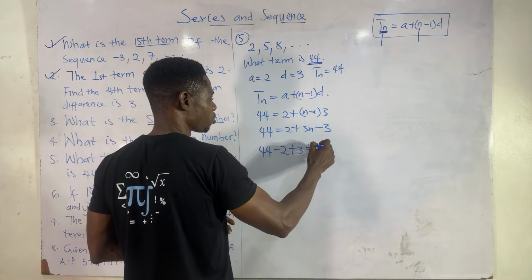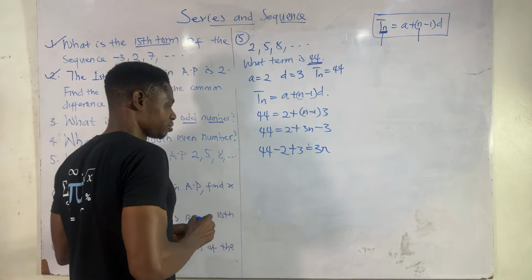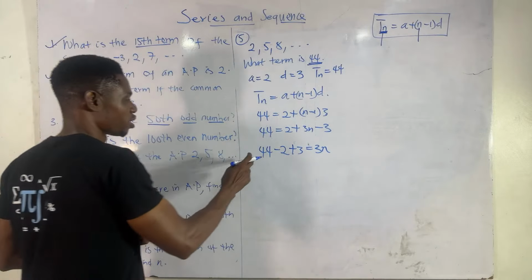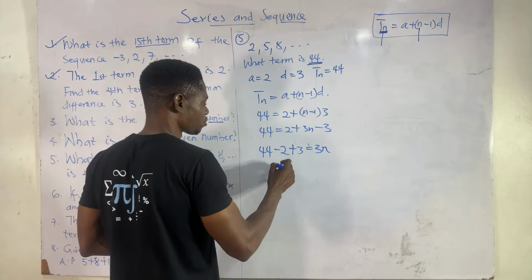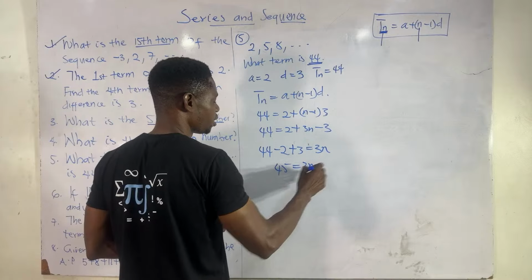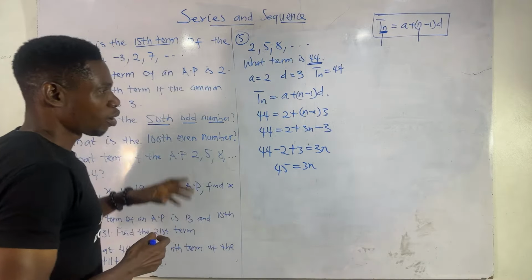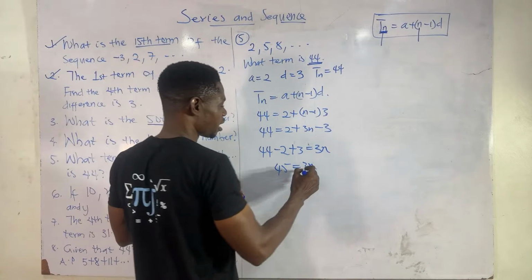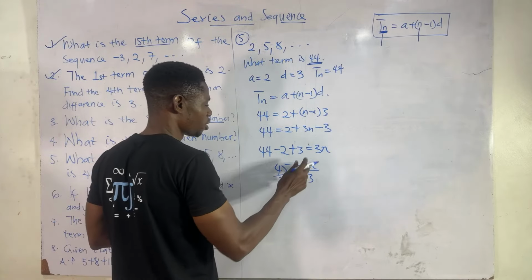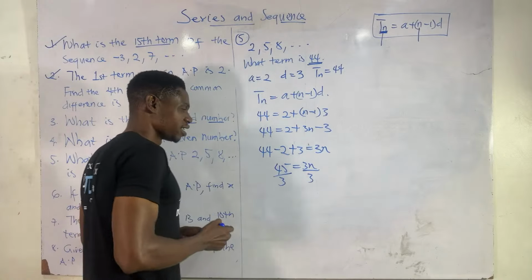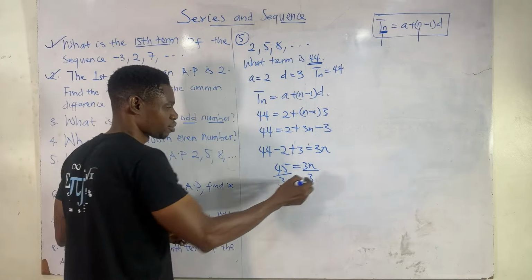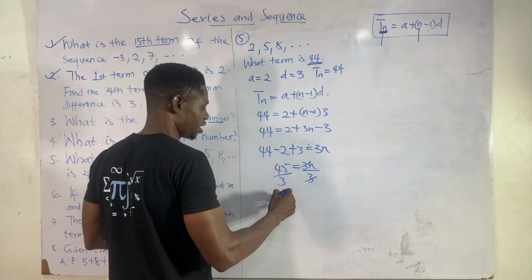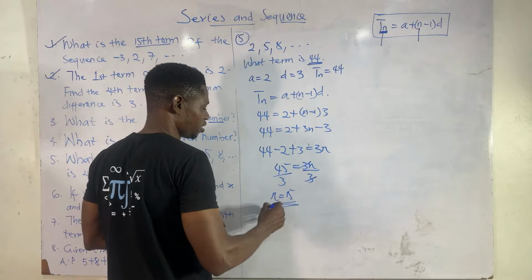And here we'll have our positive 3n. So if we evaluate this, it gives us 45 equals 3n. And remember what we did last week, transposition of formulas. That taught us that we can divide both sides by 3, right? Since we're looking for n, or we're trying to make n the subject. So 3 cancels 3, and n equals 15.